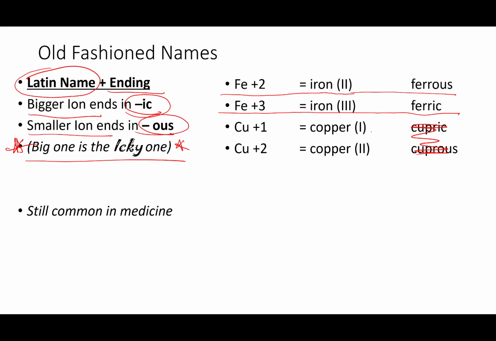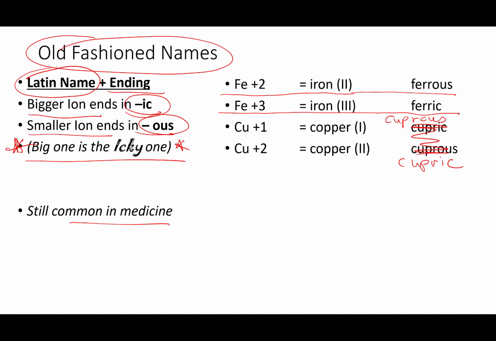So copper 1 is going to be cuprous, and copper 2 is going to be cupric. Now, why do we even bother with this if this is the old-fashioned system? It's common in medicine. You go to the drugstore, you get prescribed a medicine of some sort, you're going to see this.